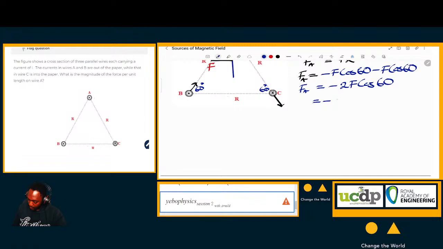So it's going to be negative 2. Now this is F per unit length, so it becomes mu naught I squared over 2 pi r cos of 60.